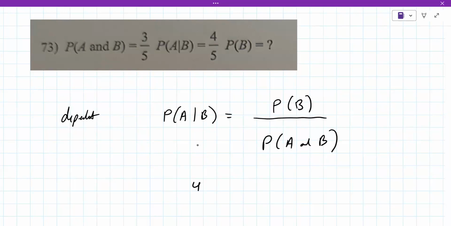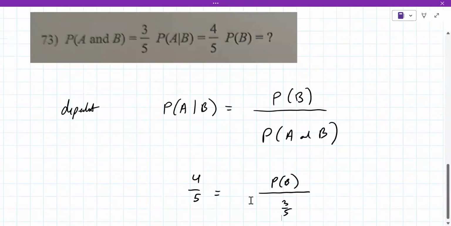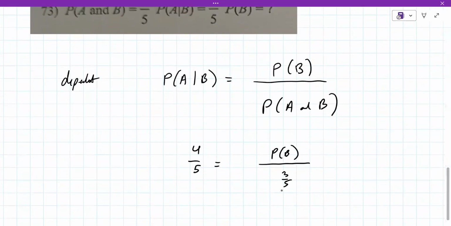So in this case, they're giving you 4/5 equals the unknown over 3/5. It gets really awkward with fractions, I suppose. So maybe here it's better to multiply by 3/5, or you could convert to decimals, like probably you're allowed.